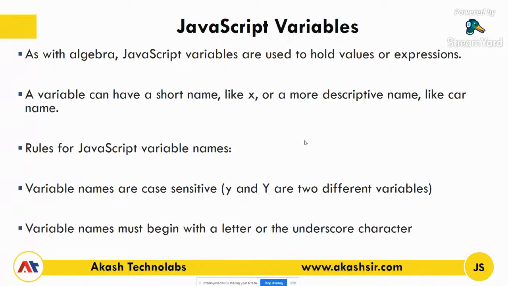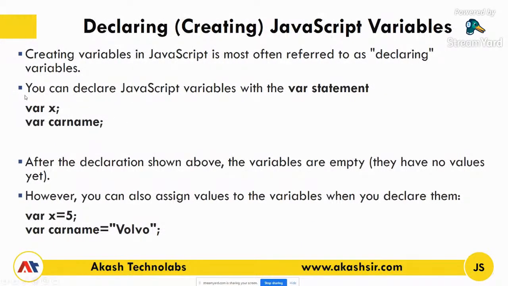If you want to store some value for further operation, for that we have to define variables, right? For an example, I want to do a summation of two numbers. To store the value, we have to define the variables. So this is a simple example of variable declaration.